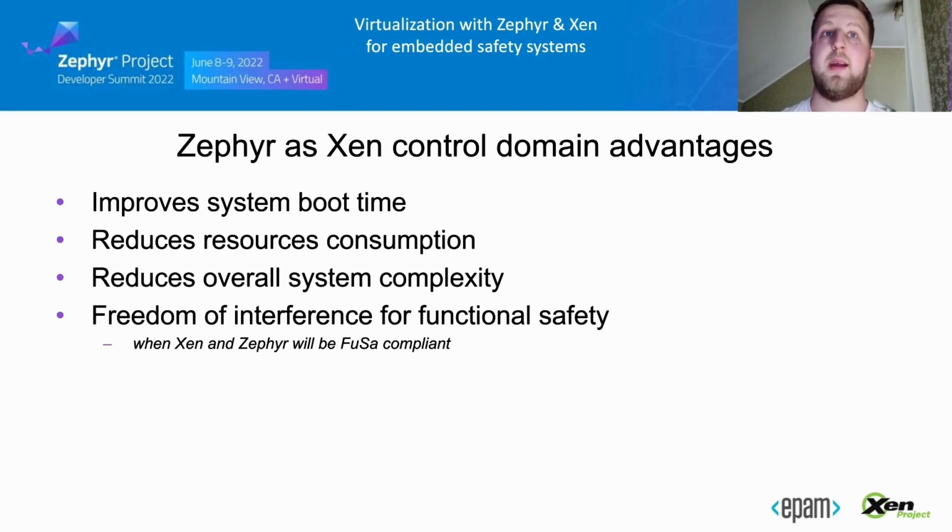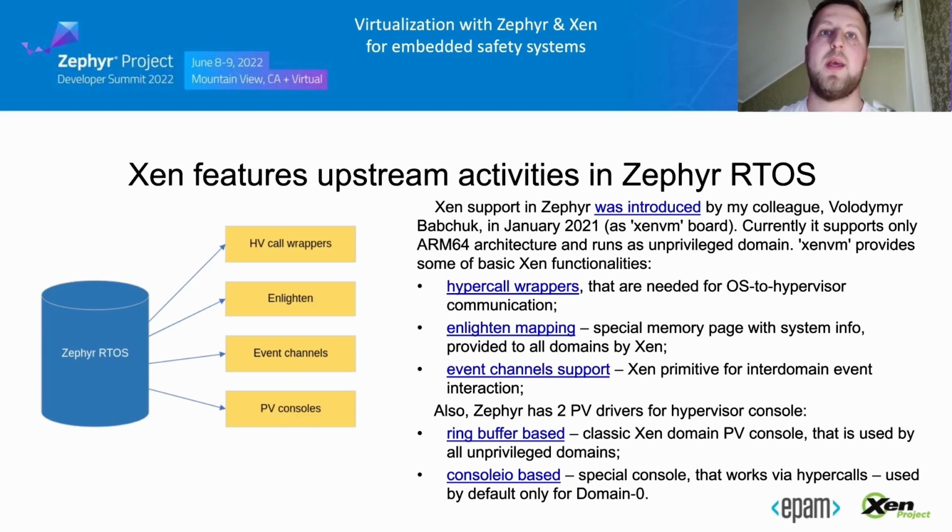The Xen community is actively working to allow certifying Xen for FOSS, partnering with other Linux Foundation projects. So now we can talk about the things that we have already done for this in Zephyr upstream. Initial Xen support was introduced by my EPAM colleague Volodymyr Babchuk more than a year ago.